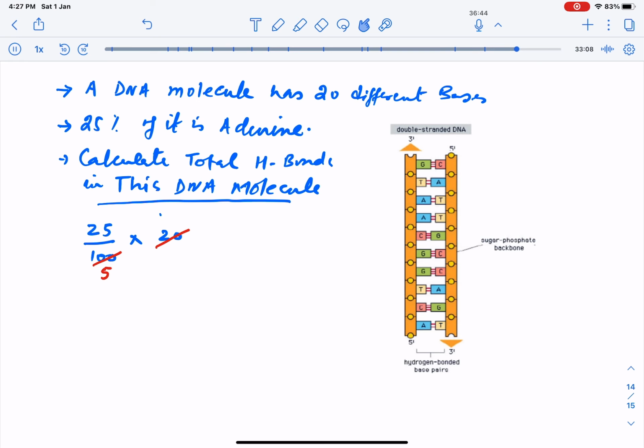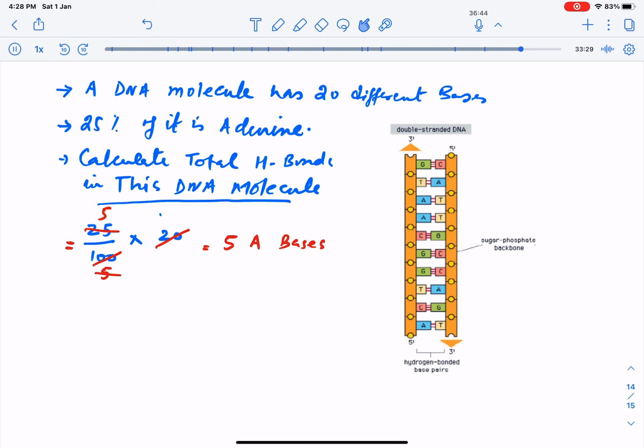This 100 can be cancelled out by 20, 5 times, and this 5 cancels out with 25, so you will have 5 here. So there are 5 adenine bases.